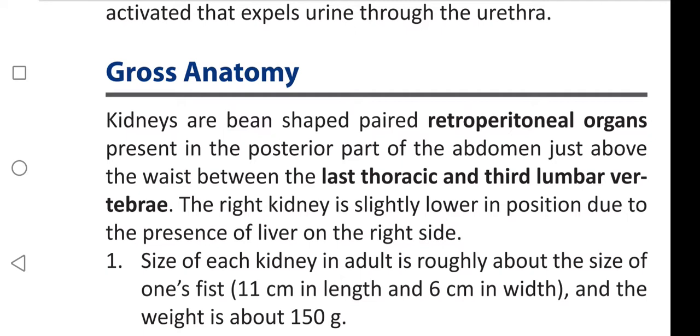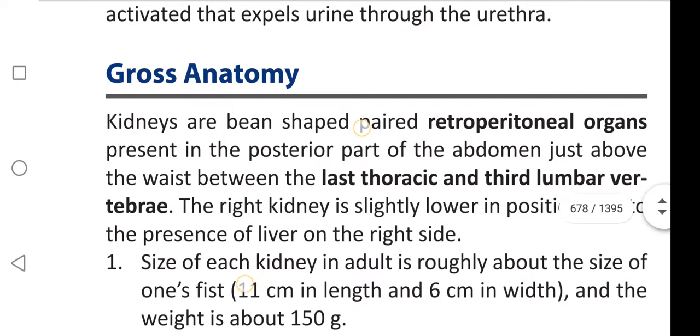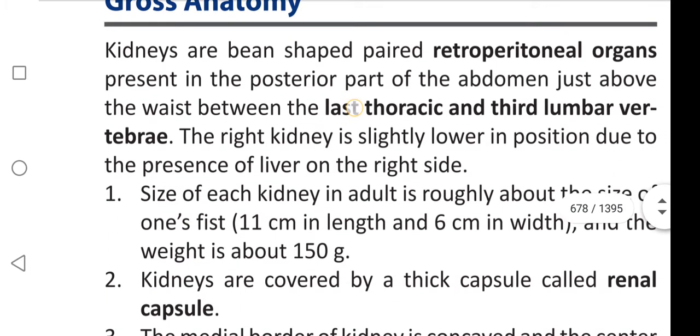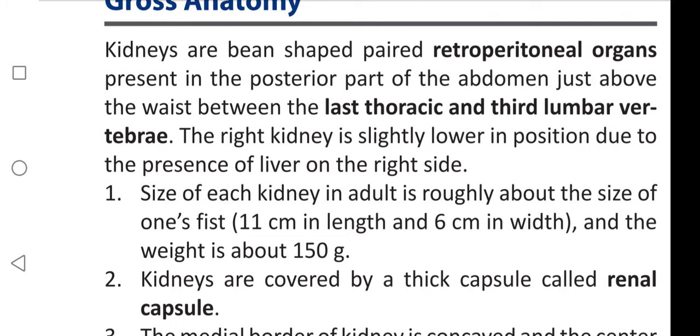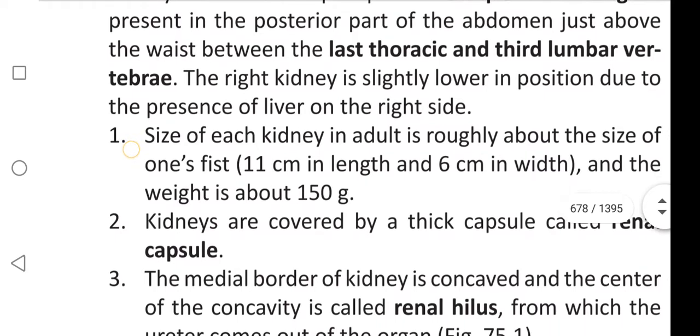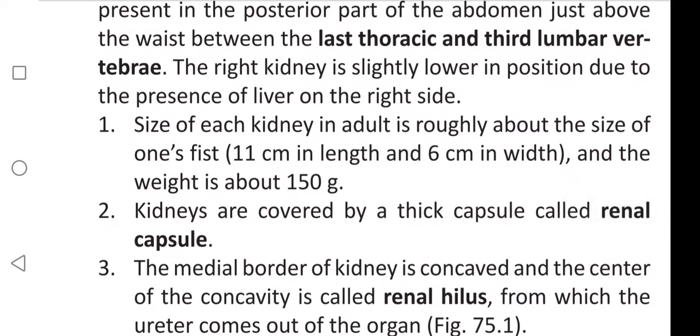That means it ranges from the T12 to L3 vertebrae, and the right kidney is slightly lower in position when compared to the left kidney, due to the presence of the liver on the right side. Okay guys, and next, the size of each kidney in adults is roughly about the size of one's fist, that is nearly 11 centimeters in length, 6 centimeters in width, and weight is 180 grams.